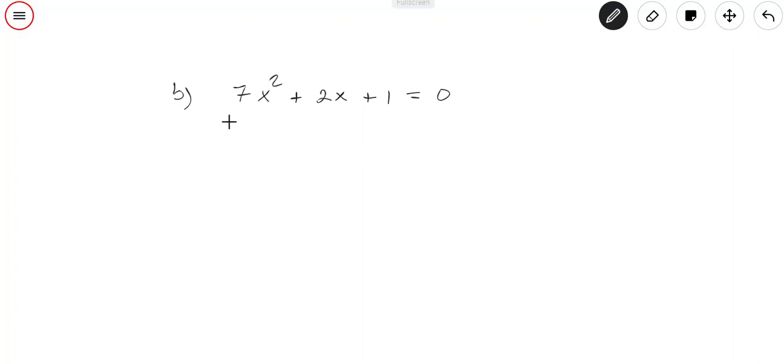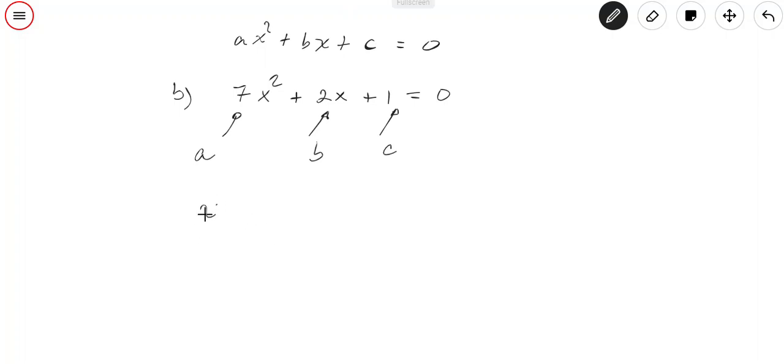If I solve by quadratic formula here, I know that this is A, this here is B, this is C, right? Remember, ax squared plus bx plus c equals 0. This is the quadratic equation, standard quadratic form.